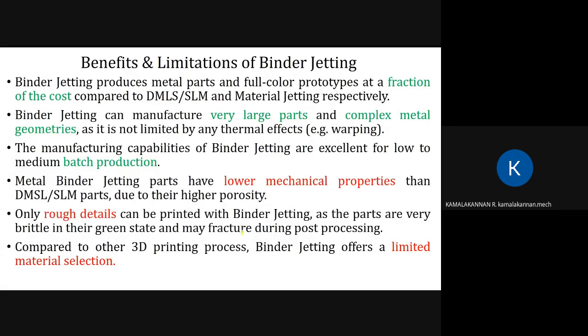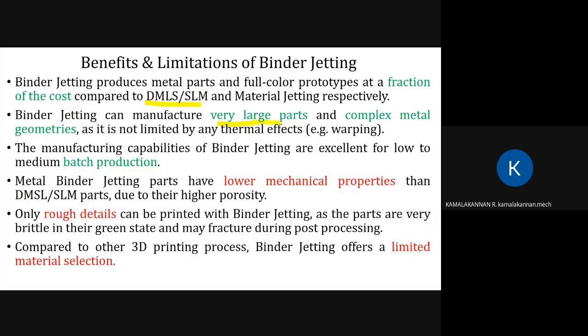It is one of the technologies used for prototypes. With a lesser cost compared to other materials, you can go for non-functional prototypes. So it is a fraction of the cost compared to SLM and DMLS. So that is one of the advantages. Next one is large parts compared to any 3D printing machine.